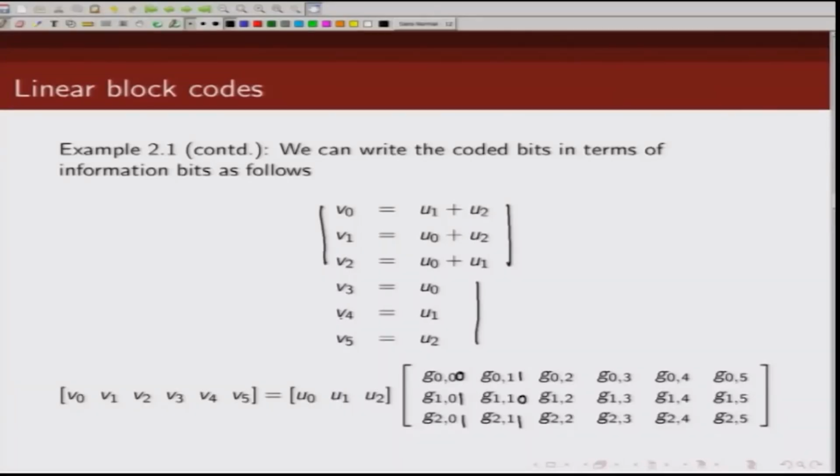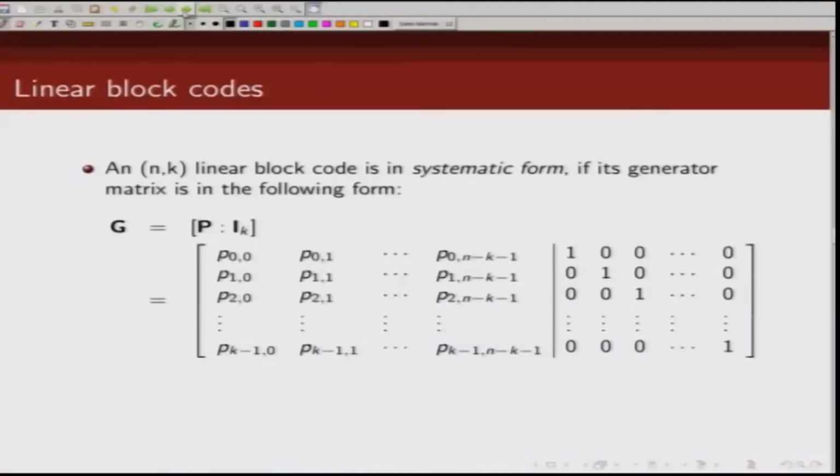So, in this particular example we are able to separate out information bits directly from the coded bits. So, in a block code in systematic form, we are able to separate out the information bit part from the coded bits.